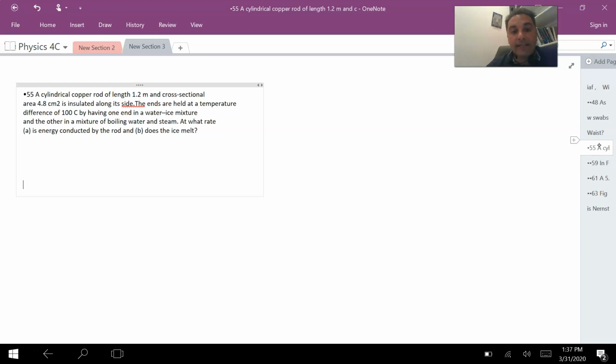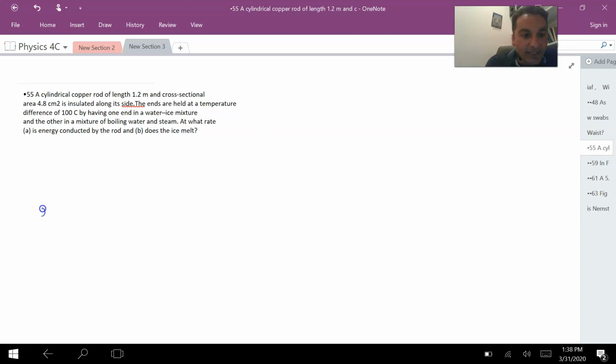The ends are held at a temperature difference of 100 Celsius by having one end in a water-ice mixture and the other in a mixture of boiling water and steam. A: At what rate is energy conducted by the rod? B: Does the ice melt?